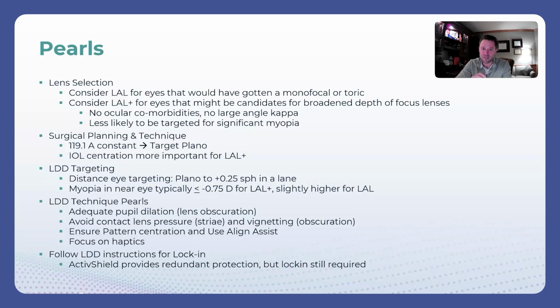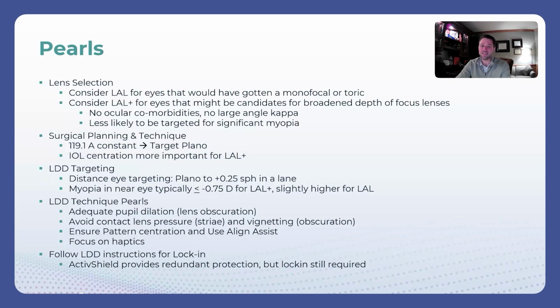So lens selection, this is true for our practice especially. We use LAL for eyes that we could normally do a monofocal or a single toric lens. The LAL plus we tend to view as an eye that could handle a Vivity or a multifocal, some sort of depth of focus or multifocal lens. These are eyes that are healthier, no comorbidities, no large angle kappa.